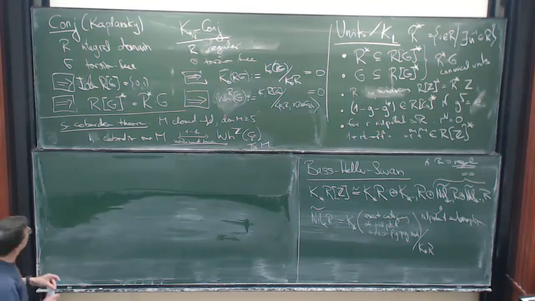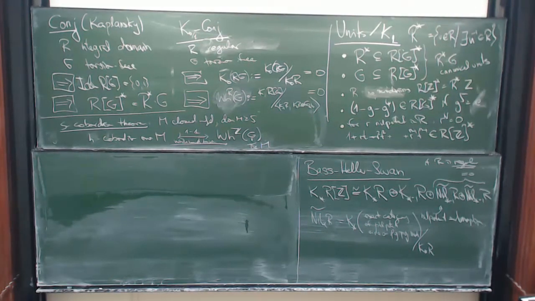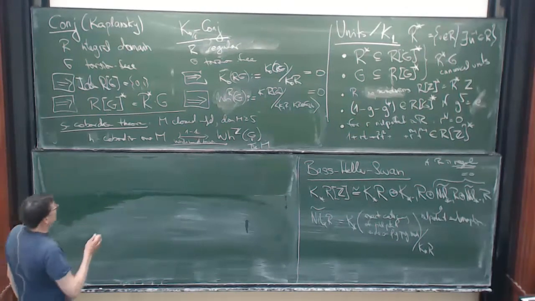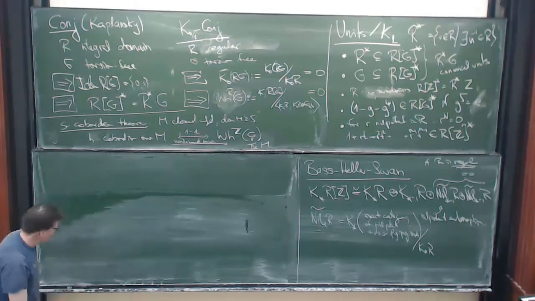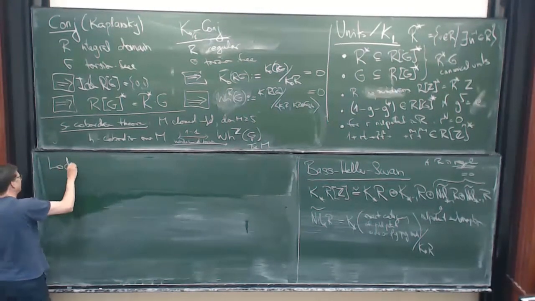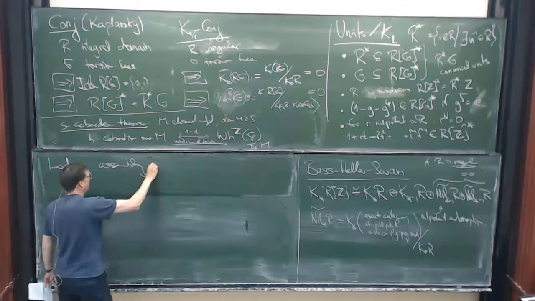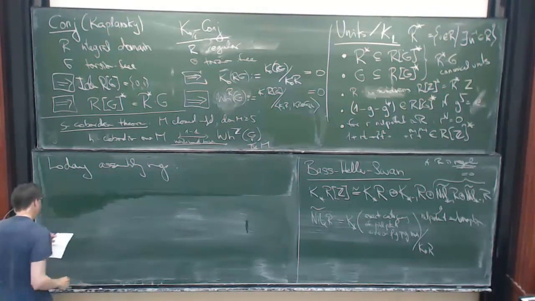Okay, so we discussed idempotents, units, and how they come up in group rings. We had Kaplansky's conjecture, and there are K-theory versions of it, so to speak. But now, of course, there should be a conjecture for all of K-theory, not just for K0 and K1, also for higher K-theory. And to this end, one needs the Loday assembly map.